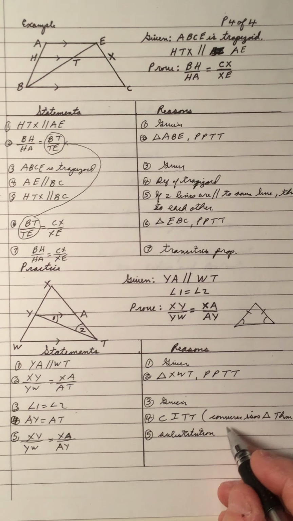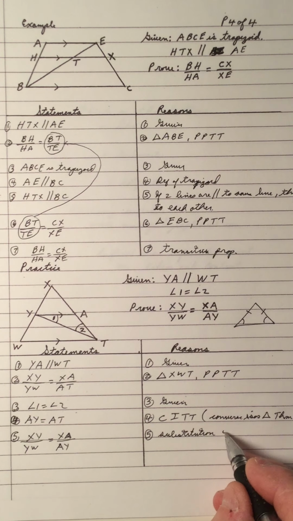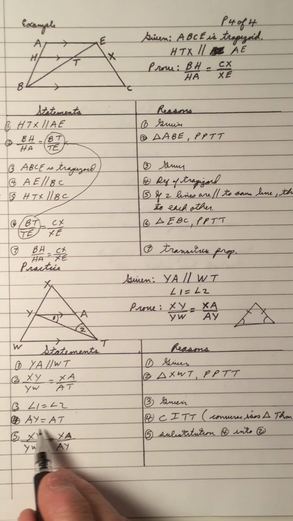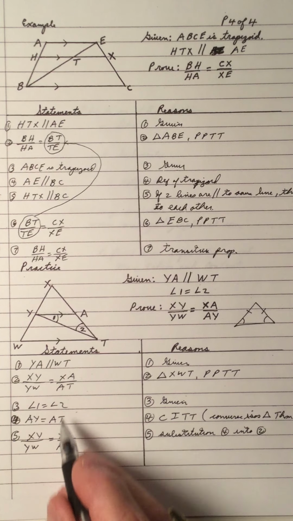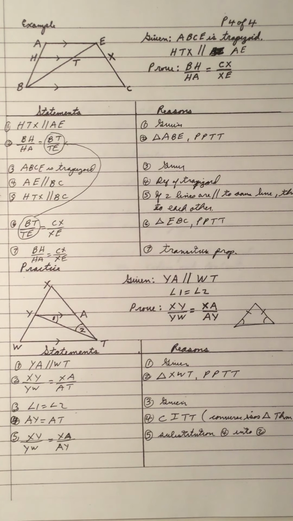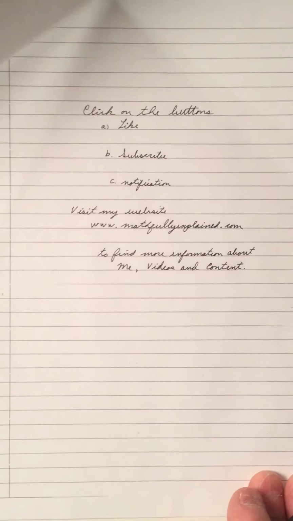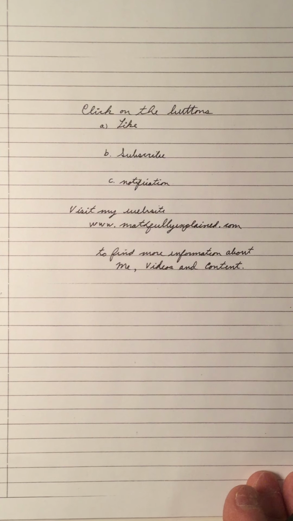Some teachers say substitution. It's substituting 4 into 2, and that gives you this one. So 4: AT is equal to AY, replacing AT with AY. And that's the proof. Again, a few proofs on the triangle proportionality theorem and some working the values of x.